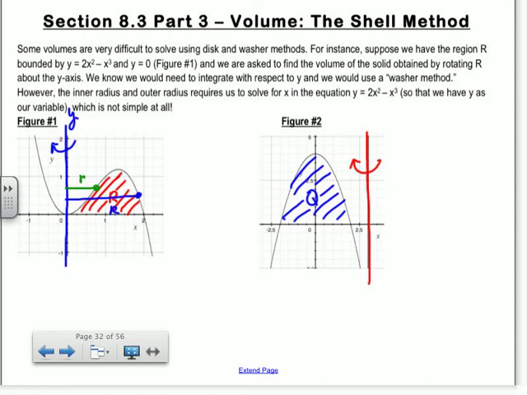Again, it's a vertical axis. This one wouldn't be so bad. We need our outer radius and our inner radius. We need to integrate with respect to y.